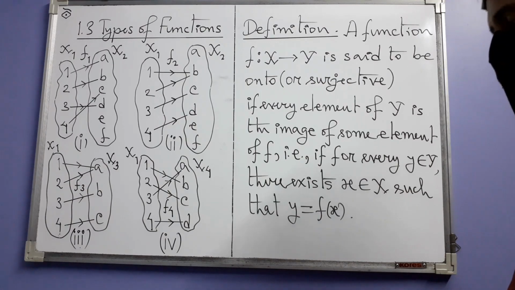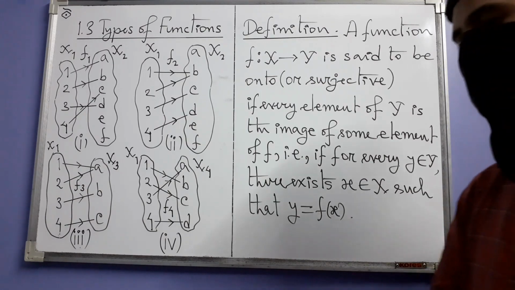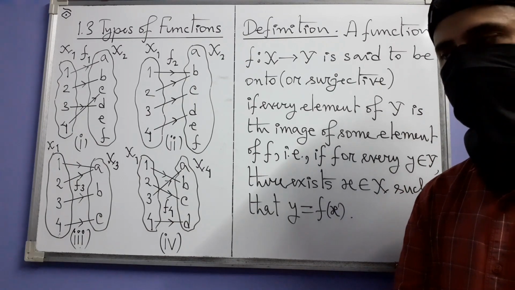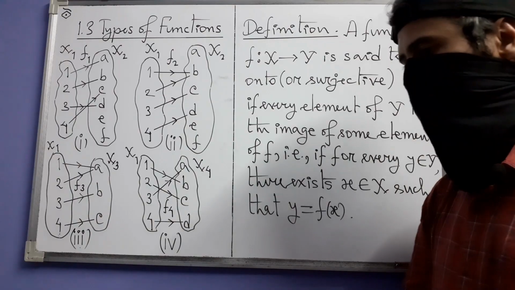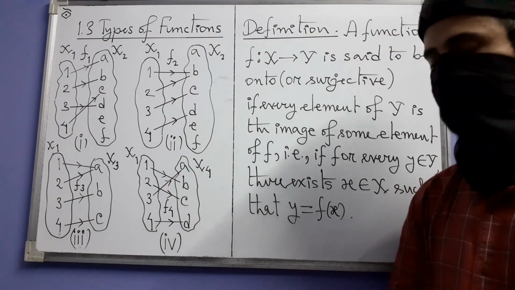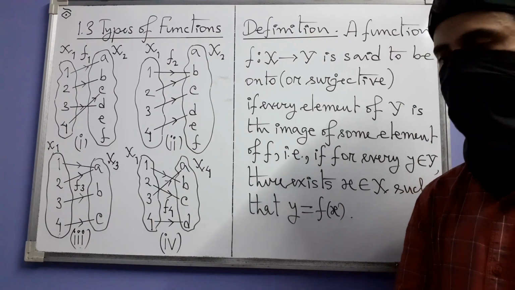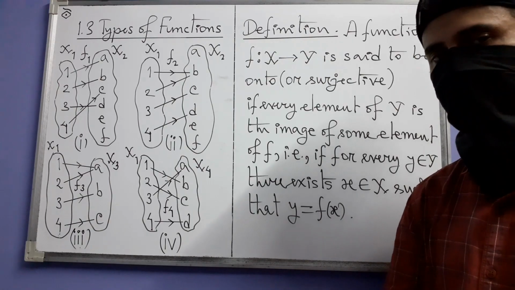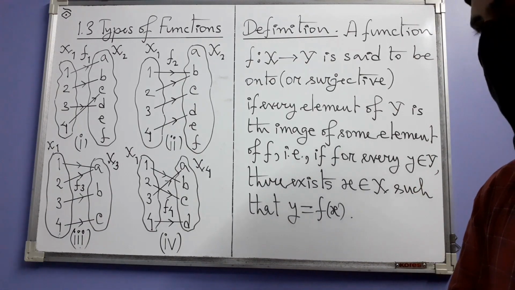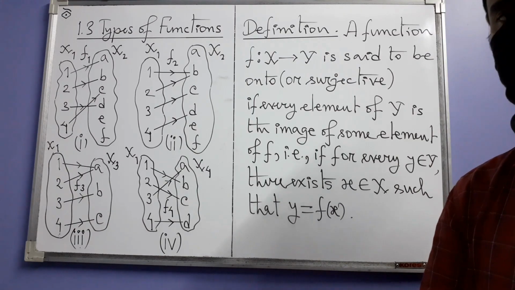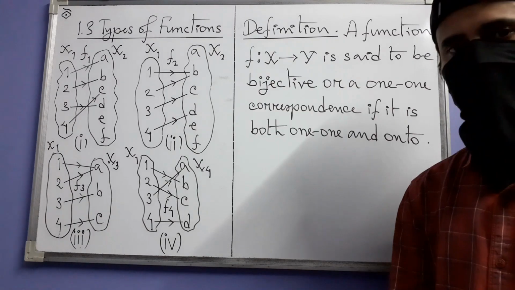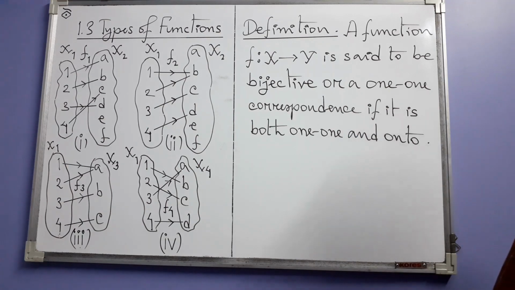Alright, now there is a third definition also, based on how we can also have a function that has both these properties, that is, it is 1-1 as well as onto. That type of function is very important in mathematics. So this is the third definition.